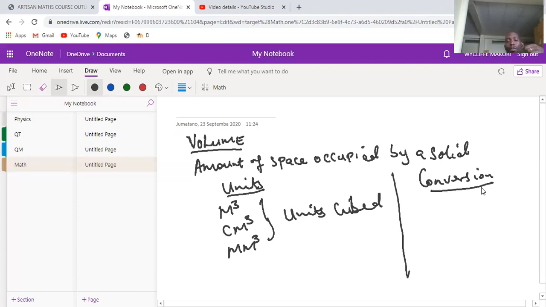Maybe the solid was having the dimension in centimeters, but you are told to convert your answer into meters cubed. You need to understand that 1 meter is equivalent to 100 centimeters.